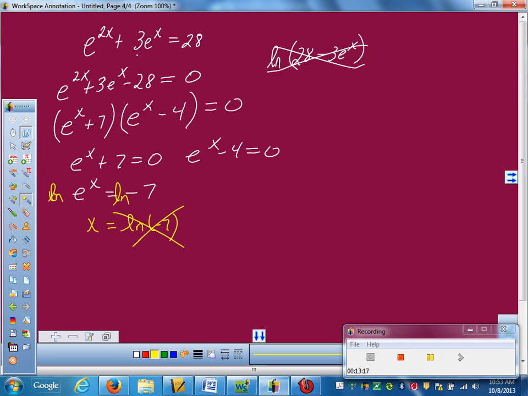So you get the natural log of 4, which is positive. When I natural log it, I will have x equals natural log of 4, and that's a good answer because it's positive. Then you can decimalize it to 1.386 in your calculator.